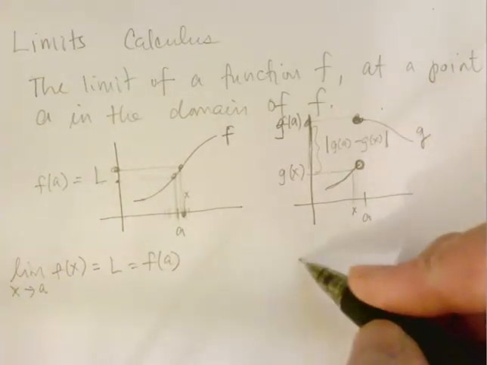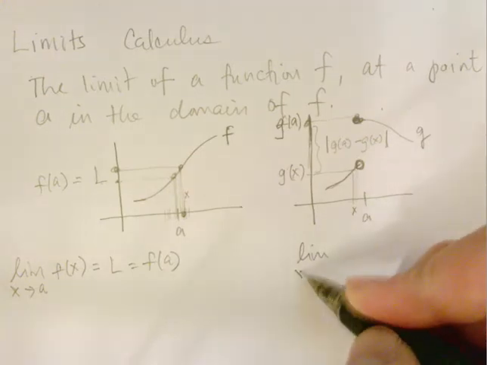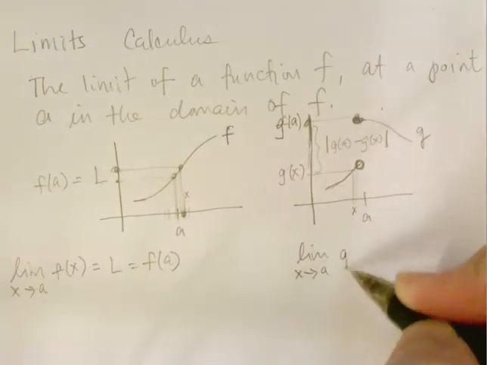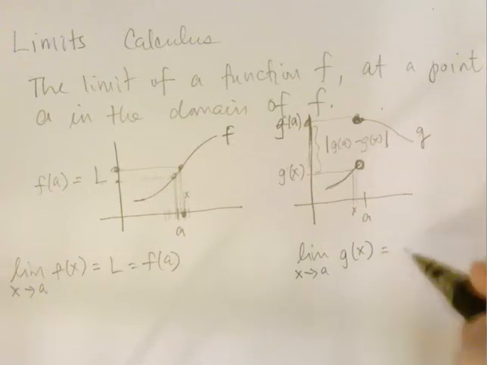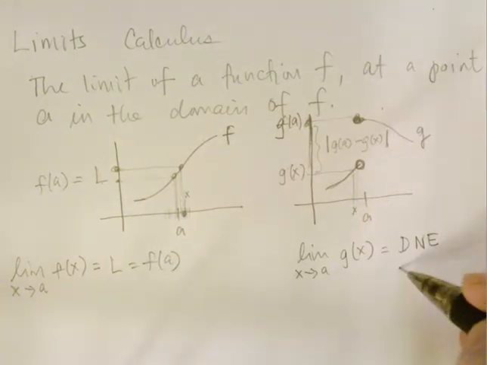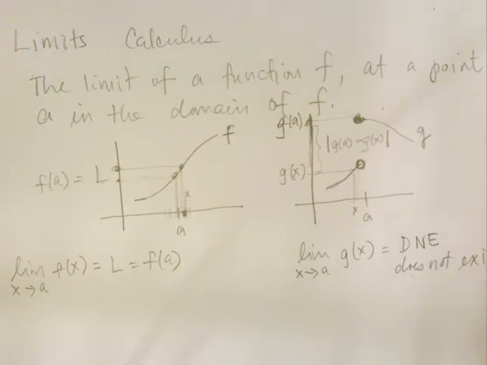And in this case, the limit as x approaches a of g of x does not exist. Let's look at another example.